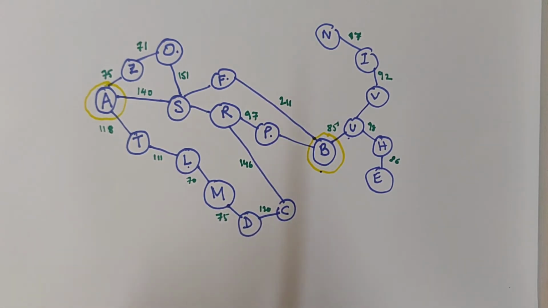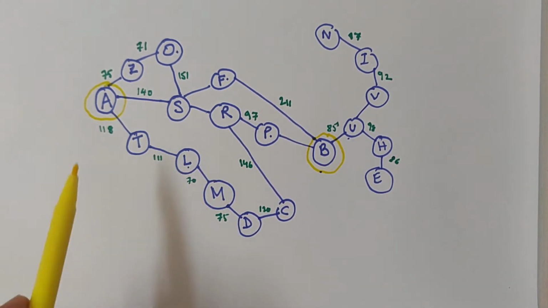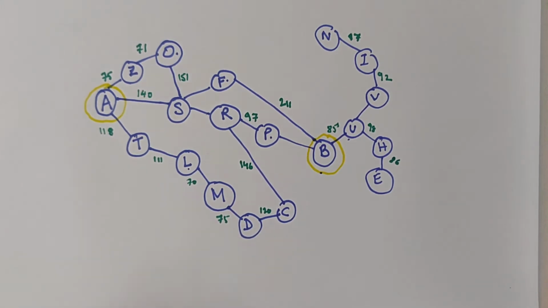Okay. Now the set of all states, here we can see many states, A, Z, O, S, T, L, M, all these are states. The set of all states is called the state space. We navigate through the state space by applying allowable actions, and actions are specific to each city.